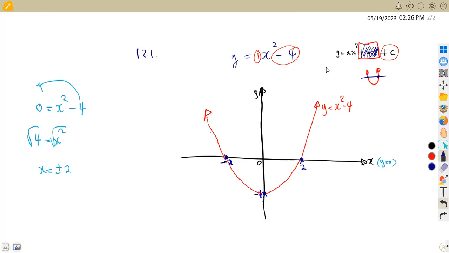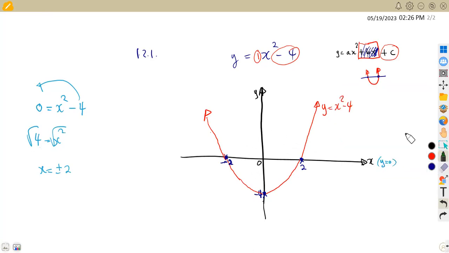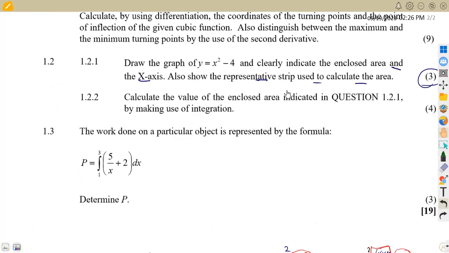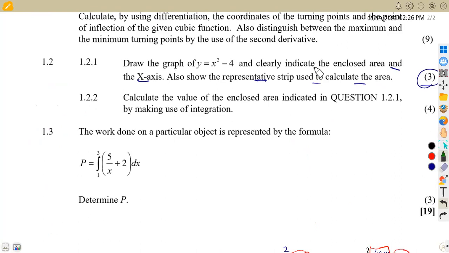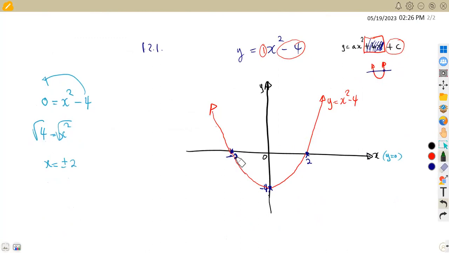But remember, here we are also told to represent the strip that we are going to use when we calculate the area. So the representative strip is between the curve and the x-axis. Take note here. The area is the enclosed area between the graph and the x-axis. So it's enclosed, that is covered by the graph and the x-axis. The part that is closed by the graph and the x-axis is this part.